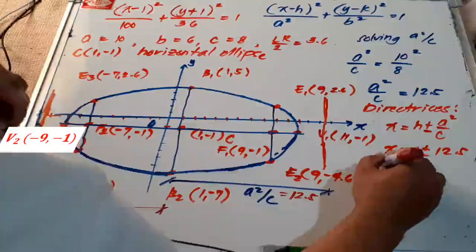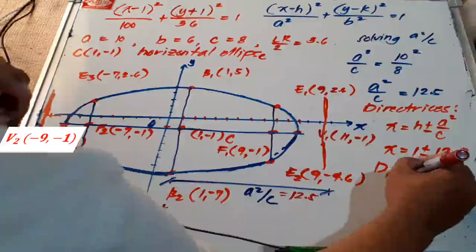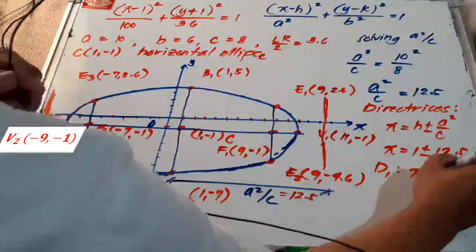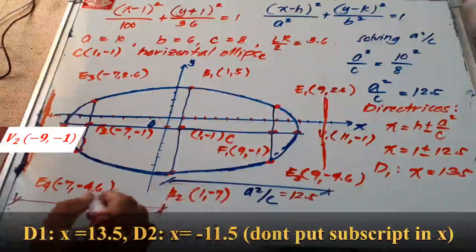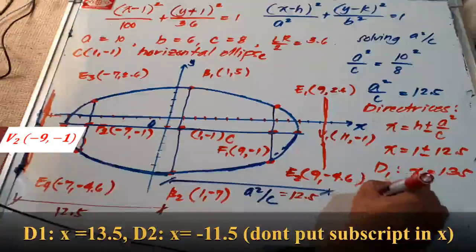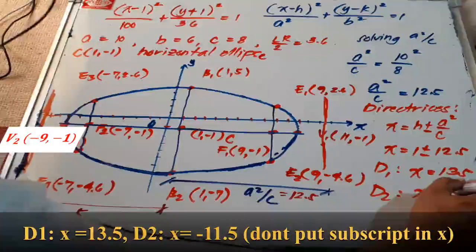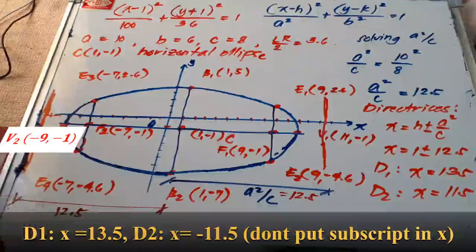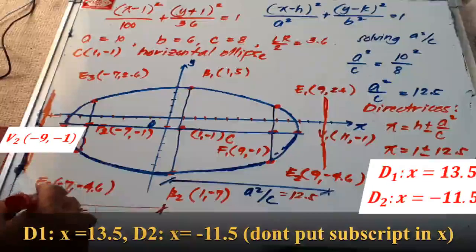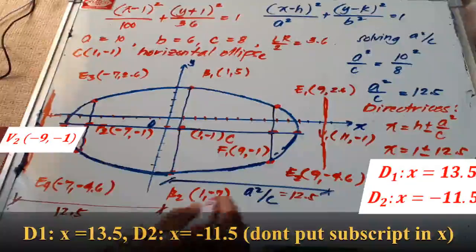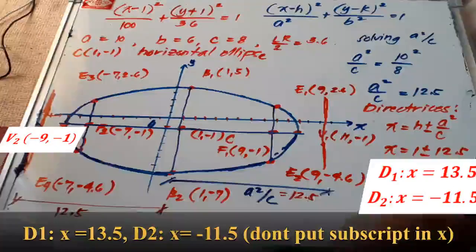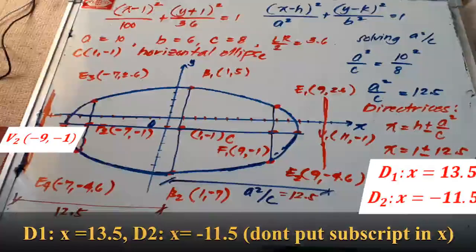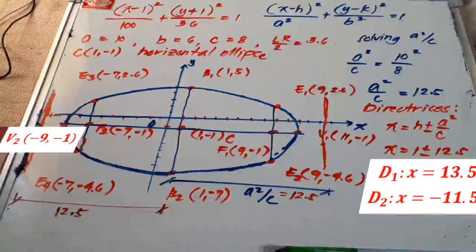So for d1, that will be equal to plus 13.5. For d2, that will be equal to 11.5 minus. So the equation of the directrices are x equals 13.5 and the other one is x equals 11.5. Lagyan natin to x sub 1, this is x sub 2. So that is how to sketch the graph of an ellipse.